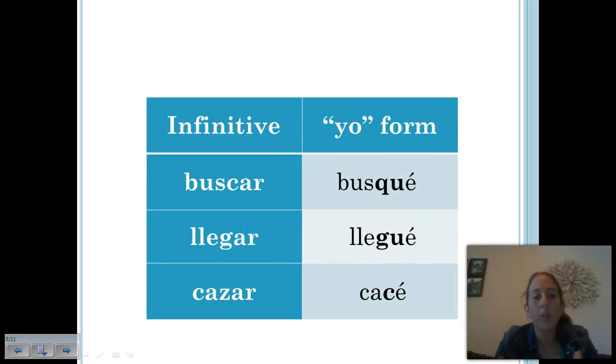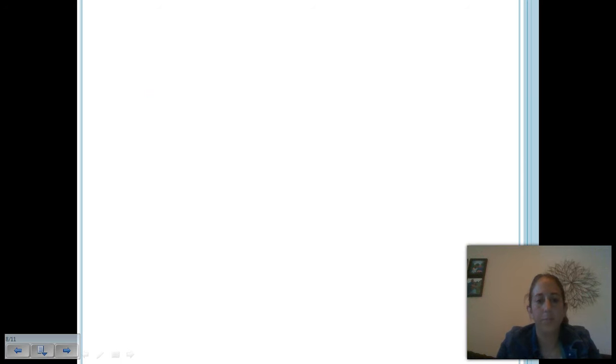So here's what our change is. -car verbs change to -qué, and that E still has an accent on it. Llegar, like jugar: -gar verbs change to -gué with an accent on it. And -zar verbs change to -cé, again to maintain the same sound. Busqué, llegué, casé. Got it? Cool.